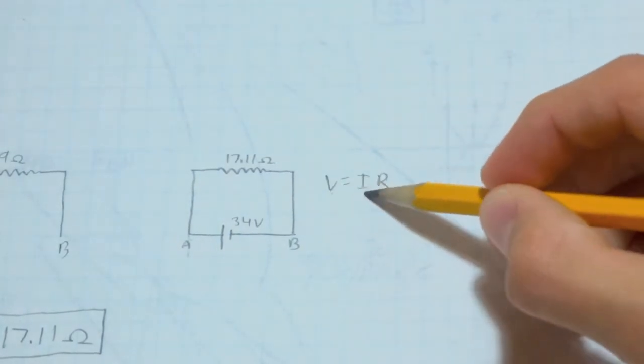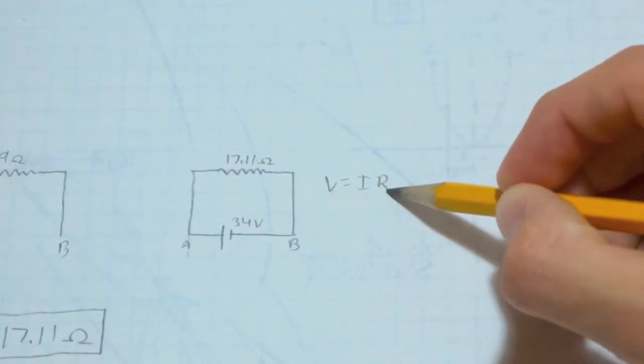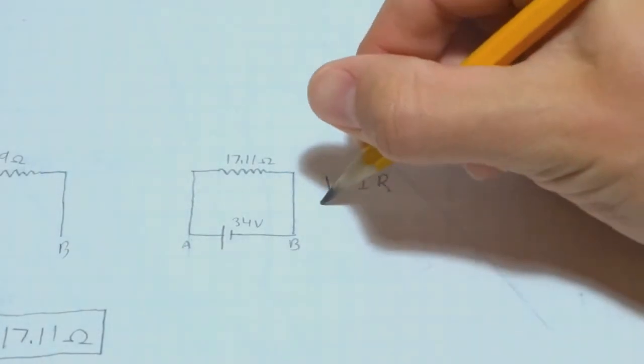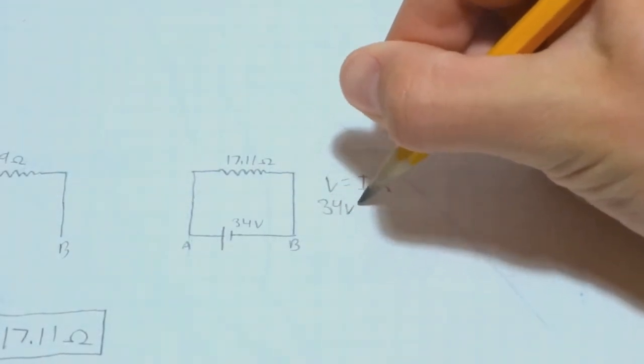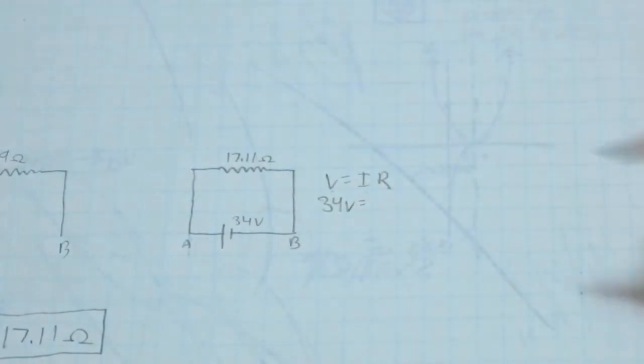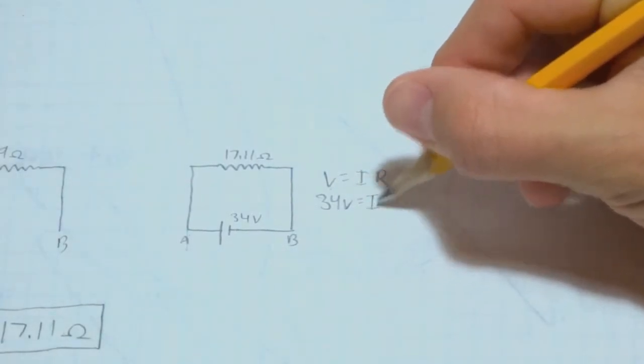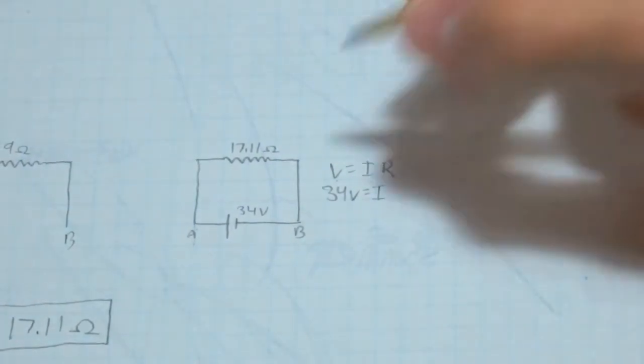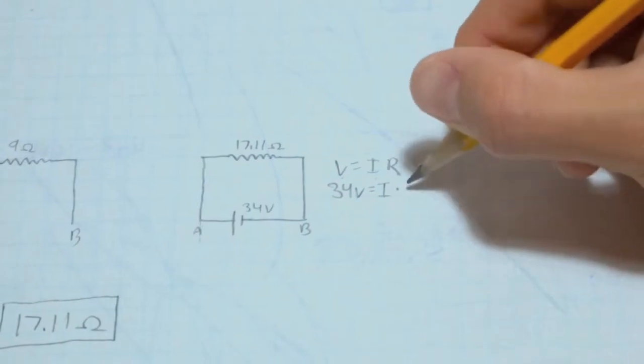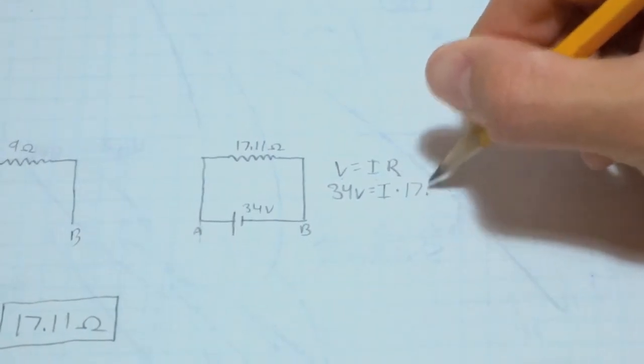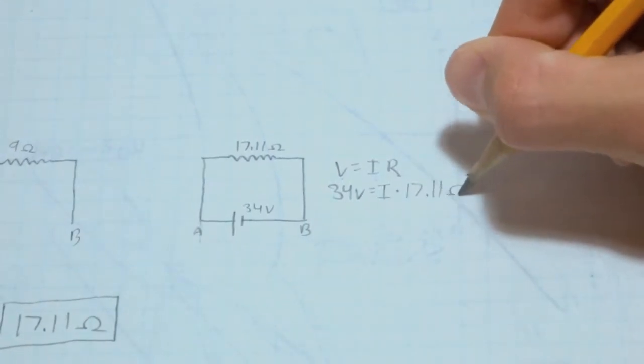So let's turn back to our new picture, and let's remember V equals IR. Volts equals the current times the resistance. So we know volts, that's 34 volts, that is given to us. We are searching for the current, but we have the resistance, and that's 17.11 ohms.